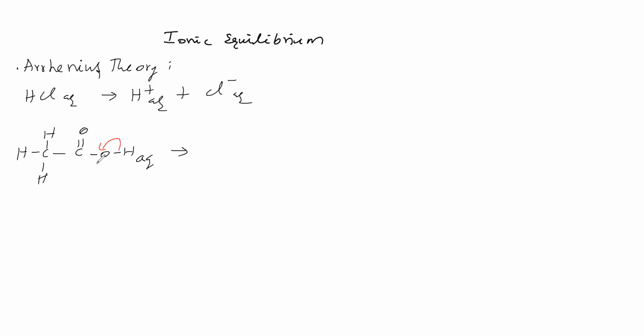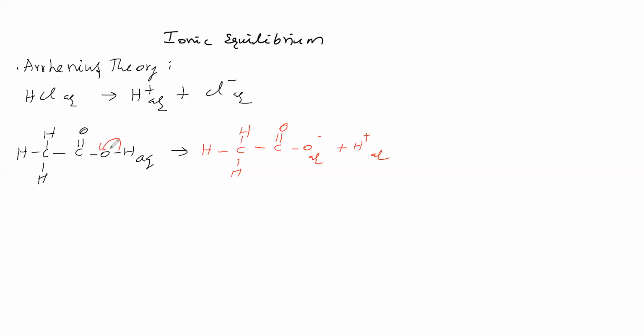So we get CH3COO minus and H plus. CH3COO minus goes to aqueous, H plus also goes to aqueous. So this acetic acid dissolves in water, dissociates and gives H plus. Therefore, we can say acetic acid is an acid.